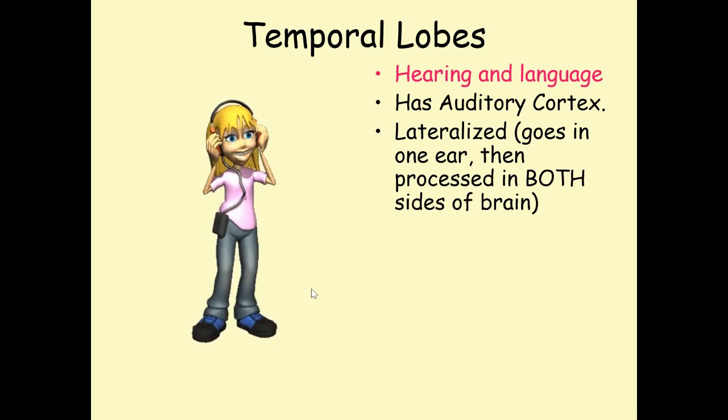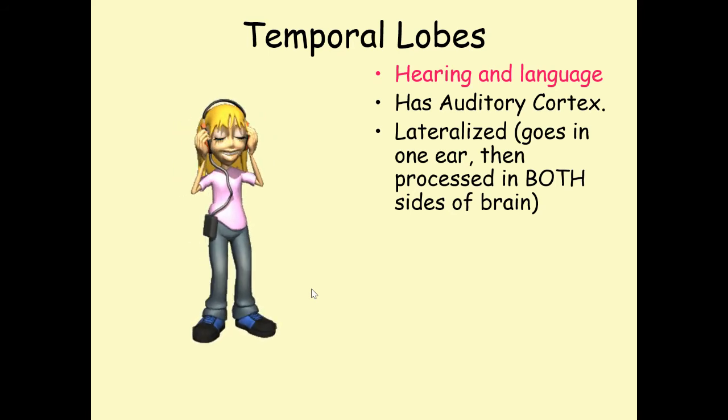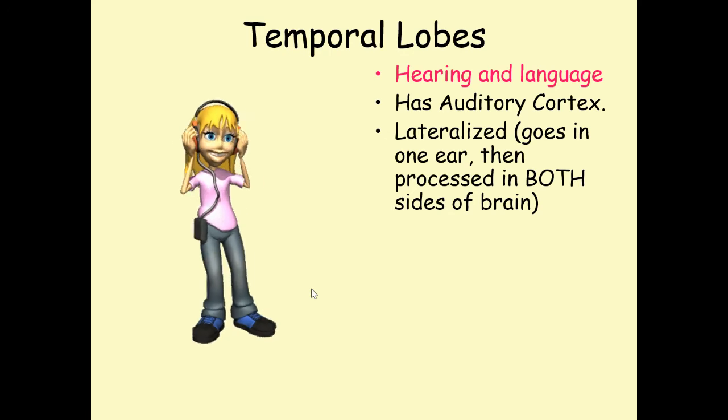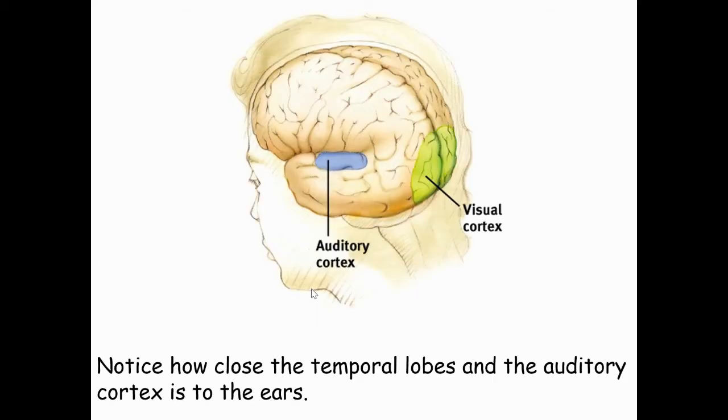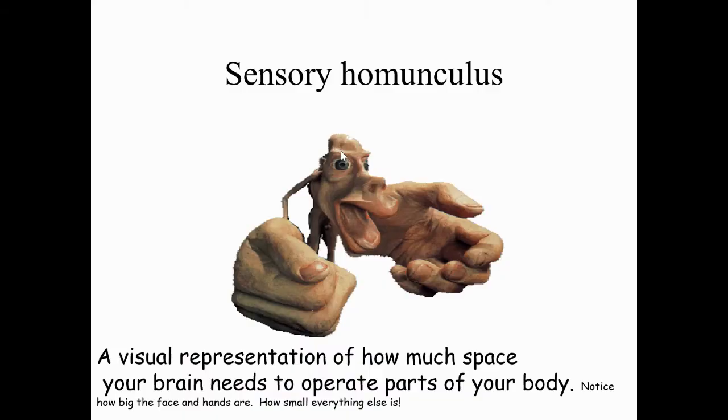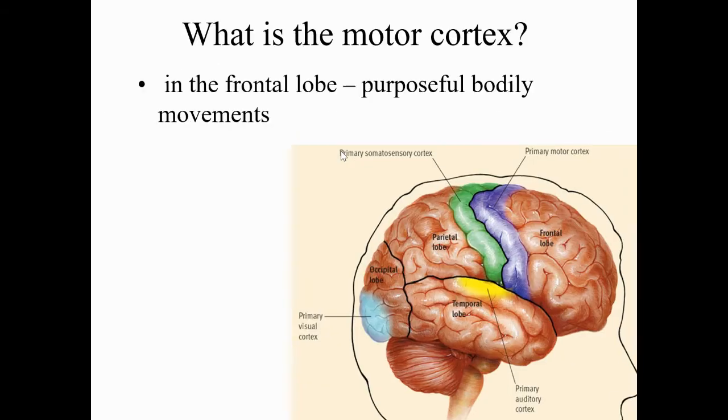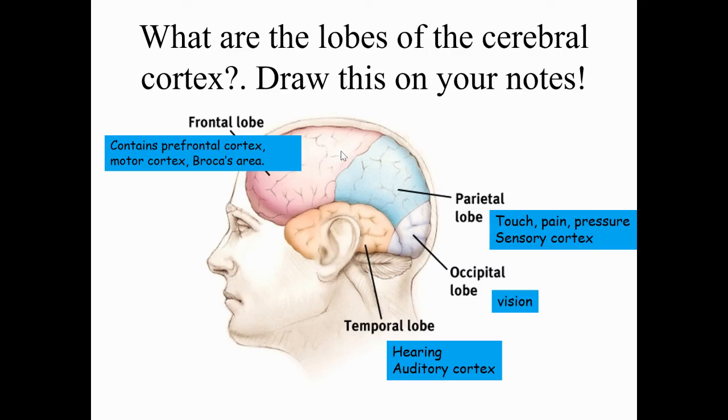That's a lot of information, but that's how it is. And your temporal lobes are near your ears. So your temporal lobe is about right in here, and it contains your auditory cortex. Okay? So remember, go back to the drawing. I hope you drew this. Your temporal lobe is right here.